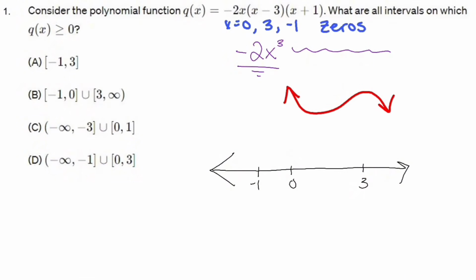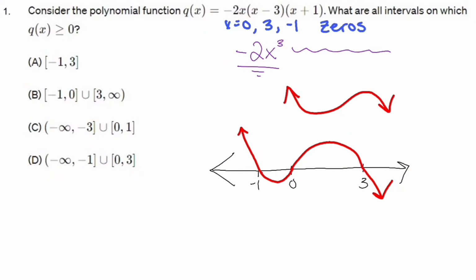I know the graph looks like this. So if the graph were to pass through this line, it would start looking like that, and then at some point bottom out here, go through the 0, and then come up, and then come down through the 3, and then there you have it.